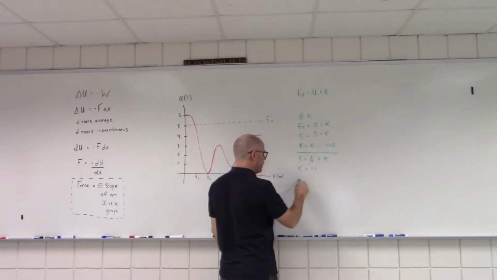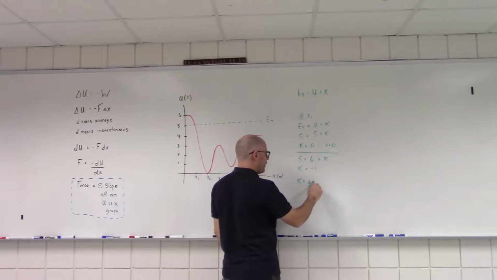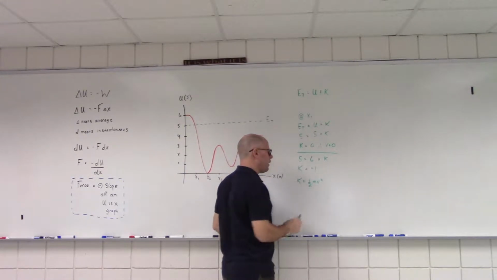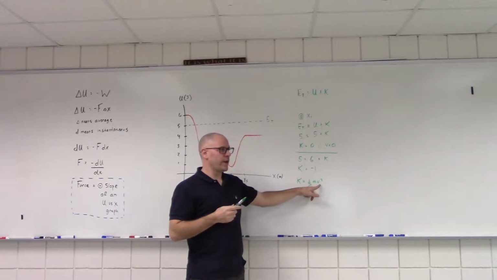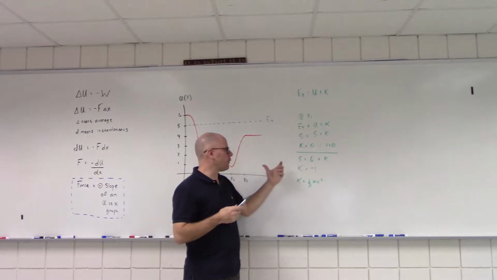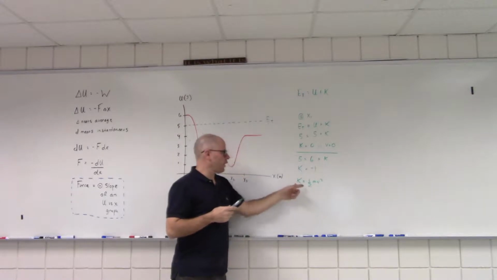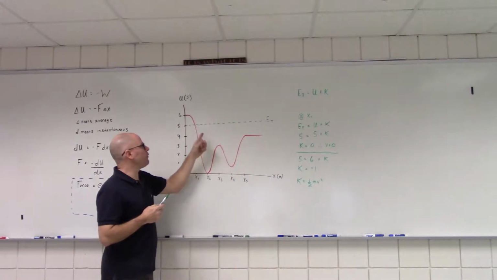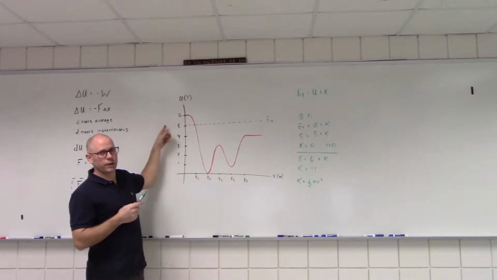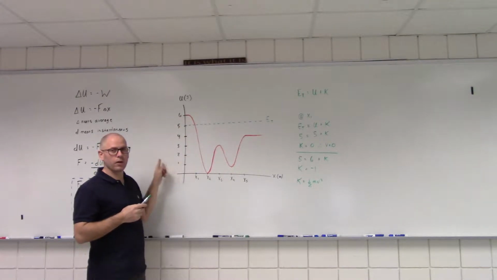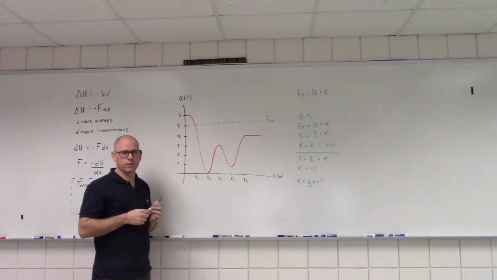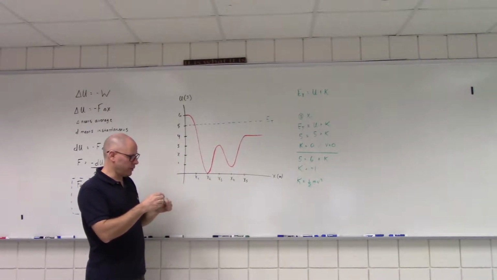If kinetic energy is equal to 1/2 mv squared, m can never be negative, and you can't square a number and get a negative number. So in a real situation, kinetic energy can't be negative. Therefore, given the constraint that our total energy is 5 joules, our object can never move to the left of x1. So that's an interesting result.